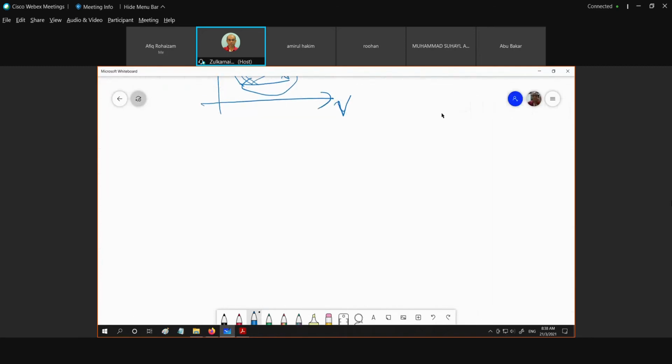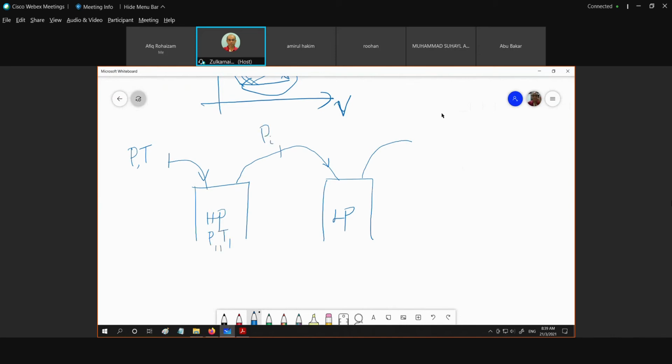Kalau kita boleh lukiskan kita punya compressor, this is our compressor, this is again our compressor, this is the high pressure, this is low pressure, dan sini masuk, okay, sini keluar, masuk sini. Ni keluar. This is our P, T, this is our P1, T1, this is our PI, TI, the intermediate condition, this is our P2, T2.